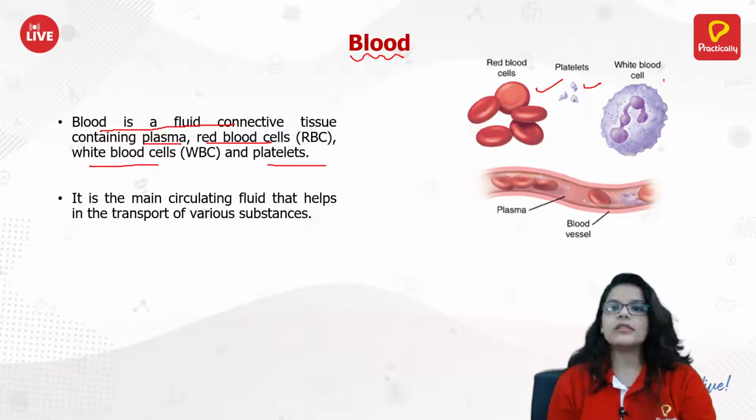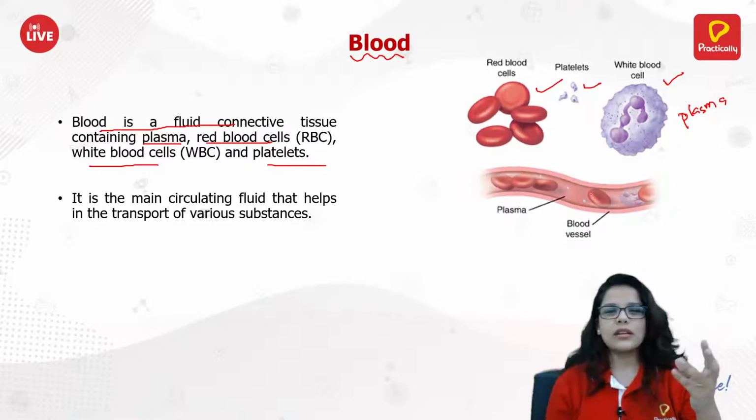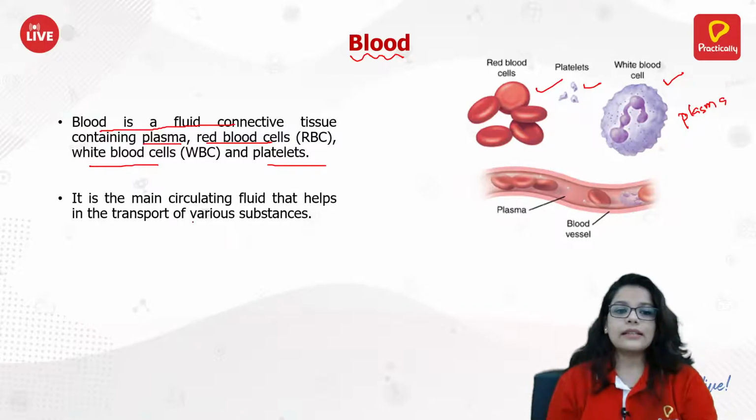RBCs, platelets, white blood cells, and plasma. Plasma, when it comes out, is a whitish, yellowish kind of fluid. And it is the main circulating fluid that helps in the transport of various substances.